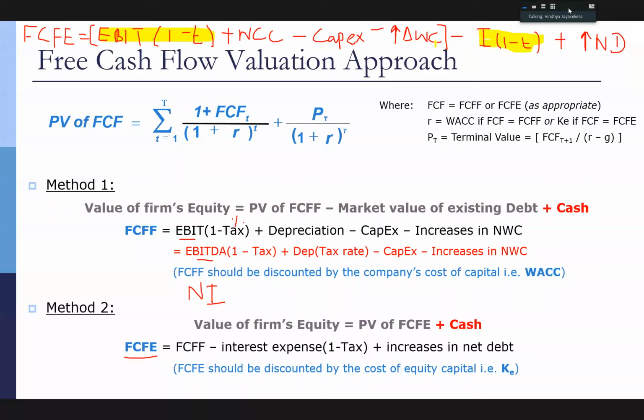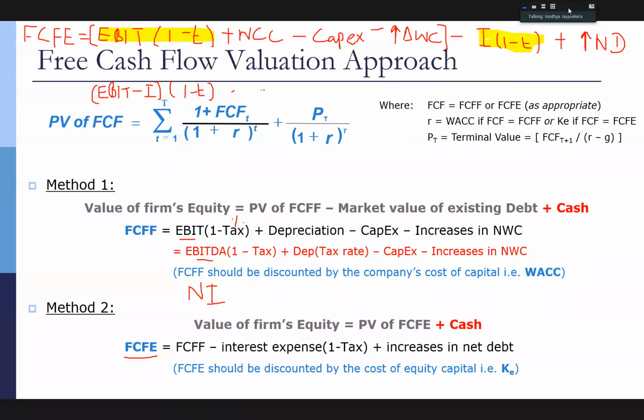I can rewrite that to be EBIT minus interest, into 1 minus T.